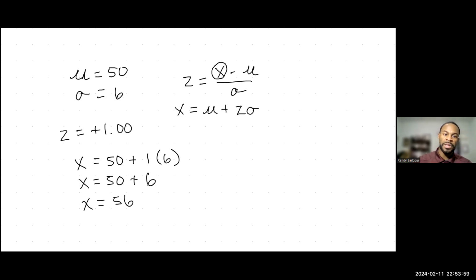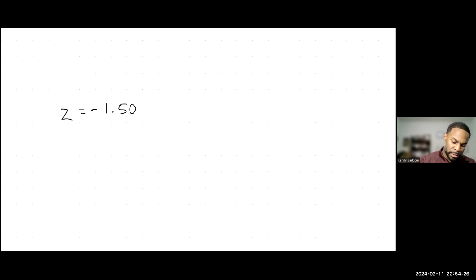Okay. So given that information, I can solve for the last one. But for this last one, instead of it being positive right here, I'm going to turn that into a negative because it's a negative z-score. So that should be minus. So this one should be x equals 50 minus 1.50 times 6.